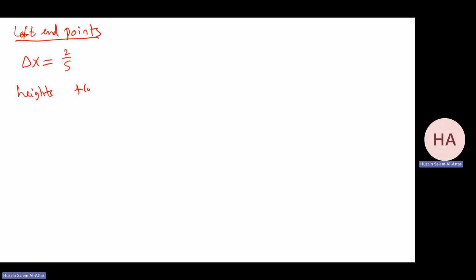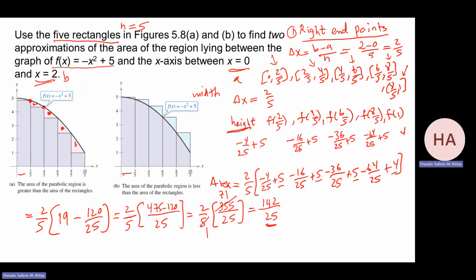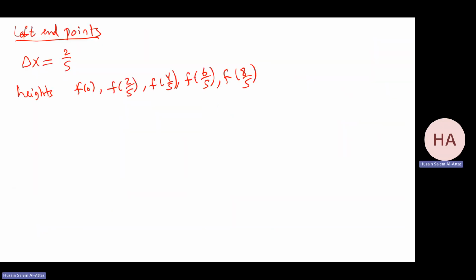I'm using f at 0, f at 2/5, f at 4/5, f at 6/5, f at 8/5. I'm using the left endpoints. In this interval, I'm using these left endpoints, not the right one, and so on. Okay, initial interval. Now, what will be f of 0?